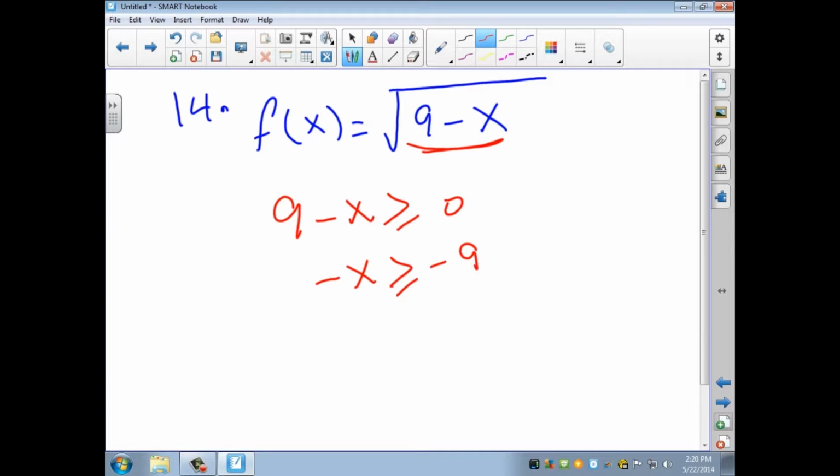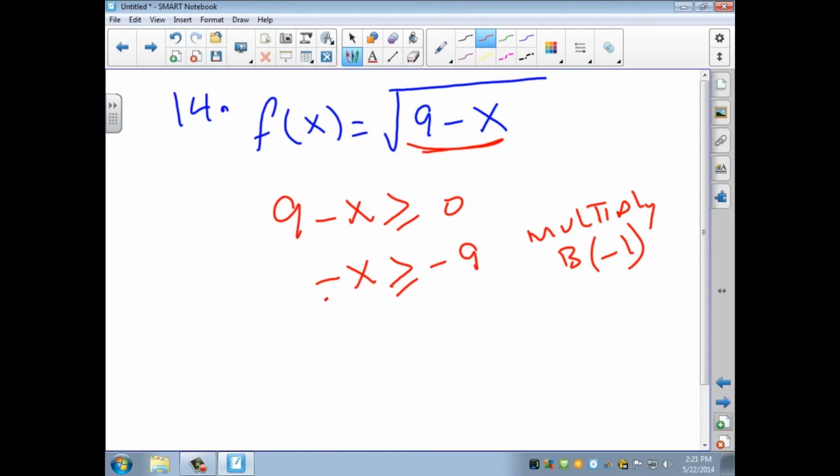Now, if I multiply both sides by -1, so this would be positive, I have to flip the inequality sign. You remember that from the last section in chapter 1.